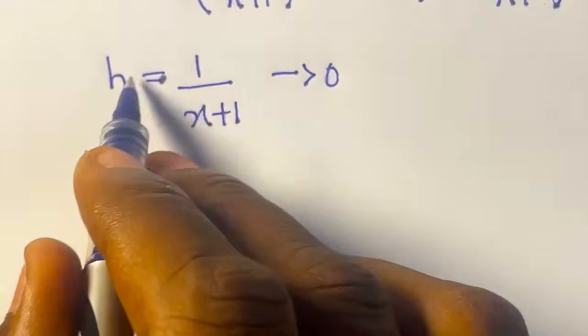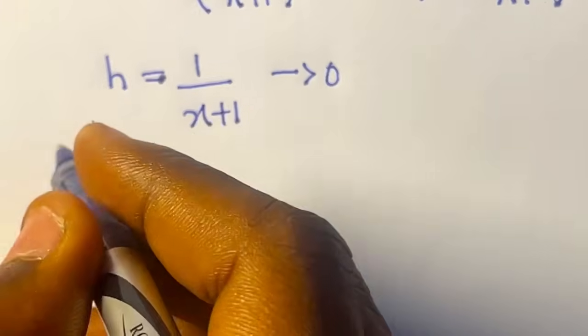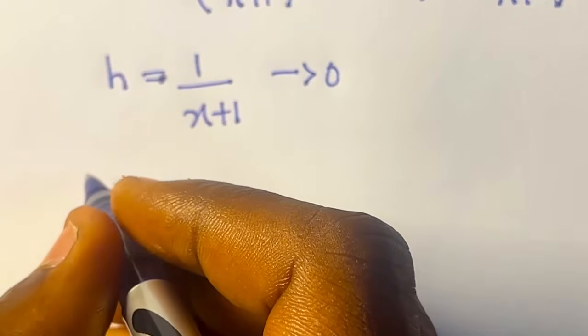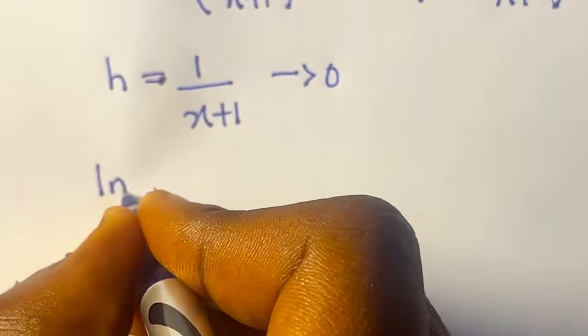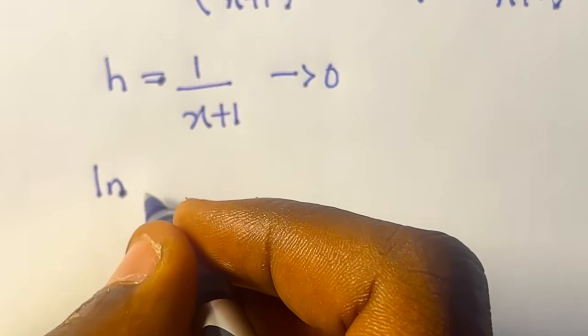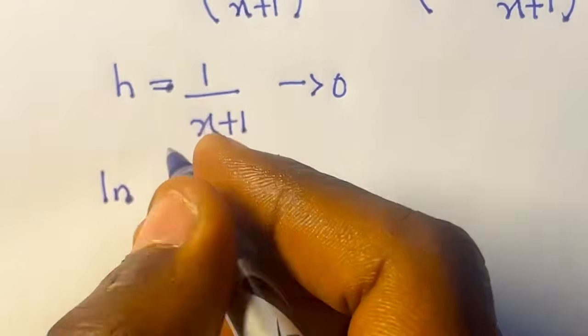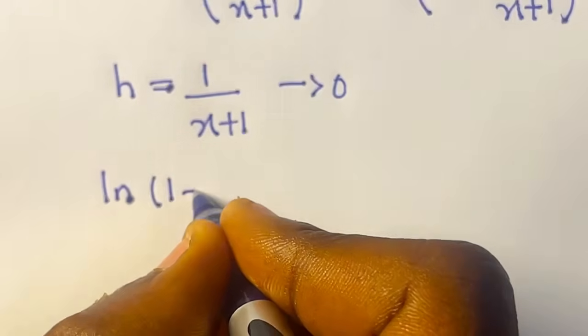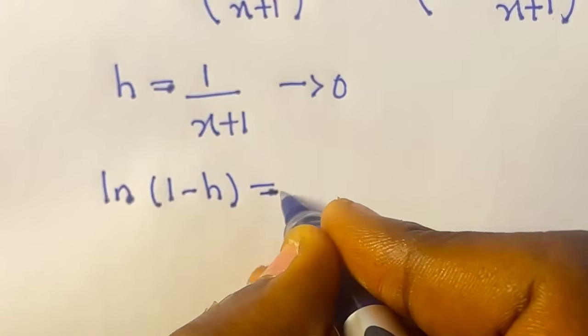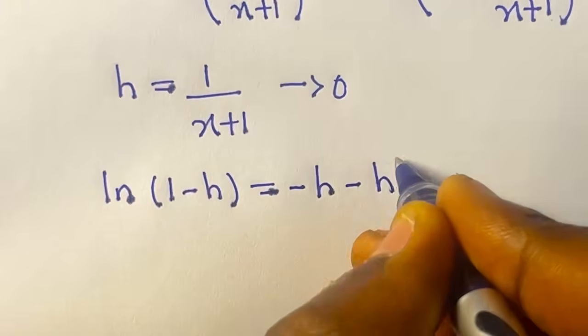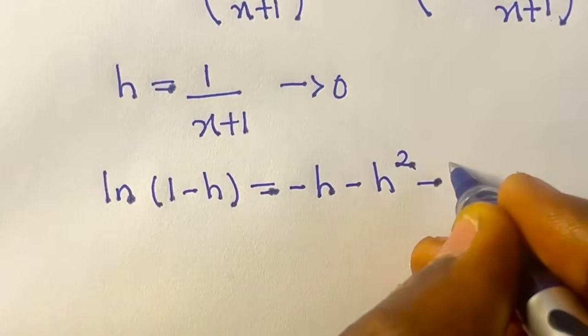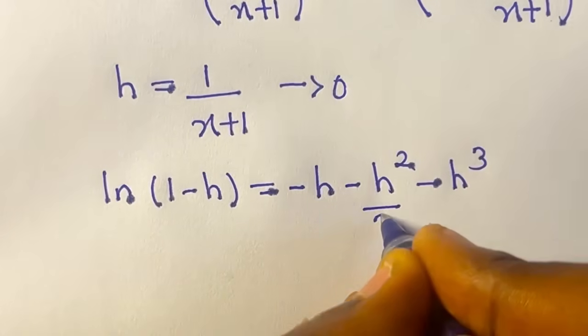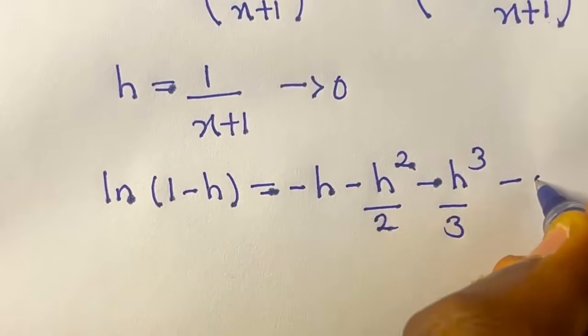All right. So this expression, ln (1 minus h), equals minus h, minus h squared over 2, minus h raised to power 3 over 3, and this continues like that.